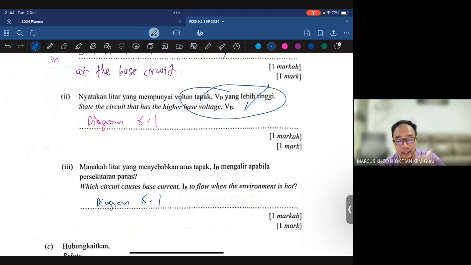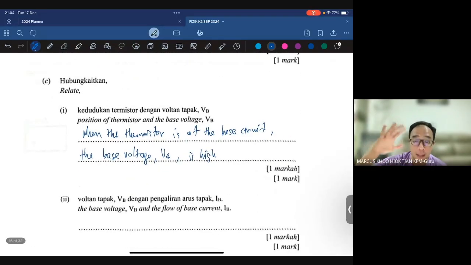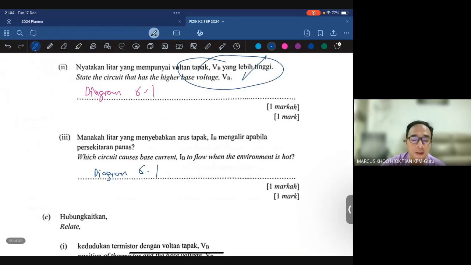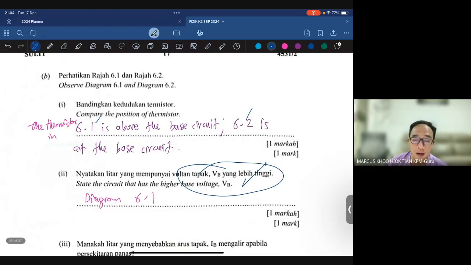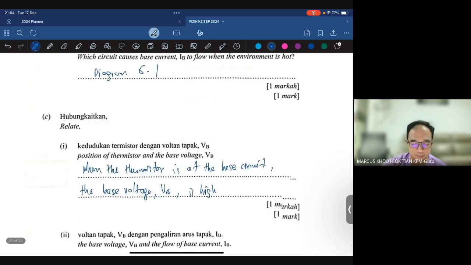Higher base voltage. So if the thermistor is at the base circuit, then the base voltage is high. One relationship is enough. You don't have to mention the other one. Only in comparison, you have to mention both the diagrams.